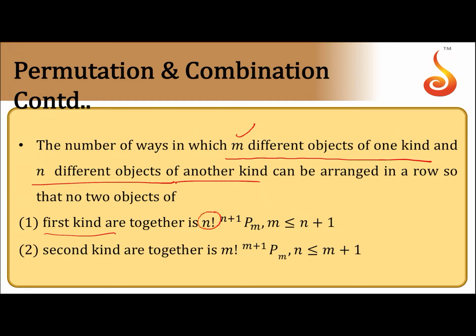In the remaining n plus 1 places, the m things can be arranged in (n plus 1)Pm ways. And if no two objects of the second kind are together, it is given by m factorial into (m plus 1)Cn.